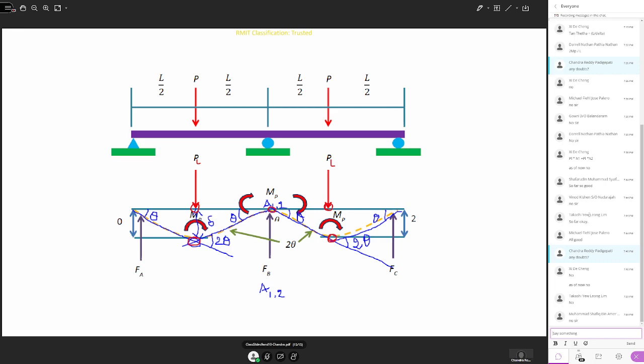This is the same figure which I have drawn, so you can just use the same figure to calculate the plastic load using the equilibrium method. You can do sum of the forces equal to zero, or apply the sum of moments acting on the system will be zero. Then you should be able to get the same answer as we derived for part A. So that part I'll leave it to you.